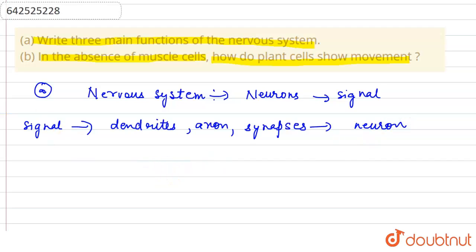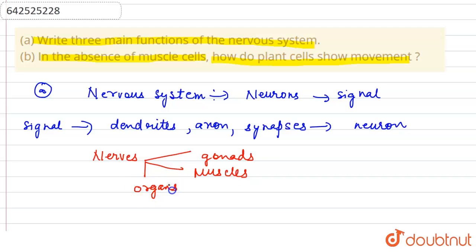Now the nervous system also includes certain nerves, and nerves reach different locations, such as the gonads, the muscles, the organs, and the different glands.